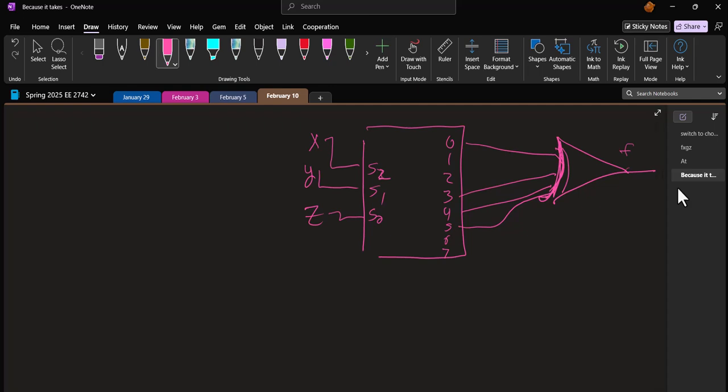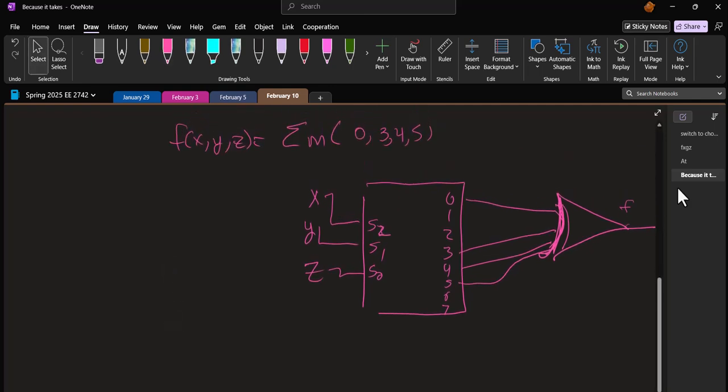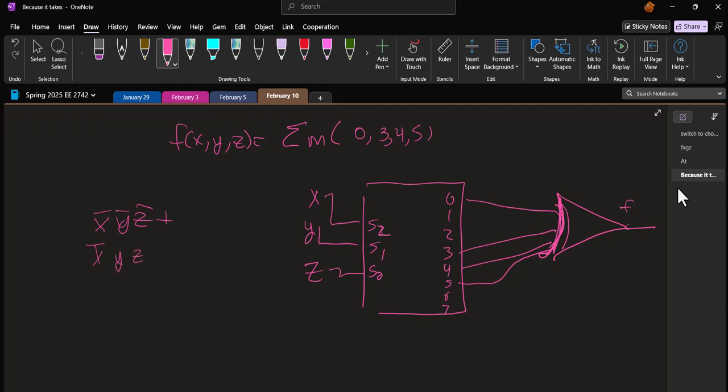And the reason that works is because if my function is the sum of the min terms 0, 3, 4, and 5, then that is what that function is, because it comes from the truth table where I have 0, 0, 0, 0, 1, 1, 1, 0, 0, and 1, 0, 1.